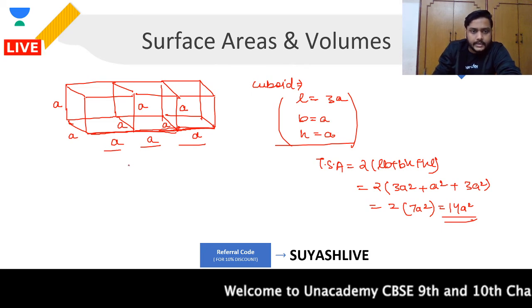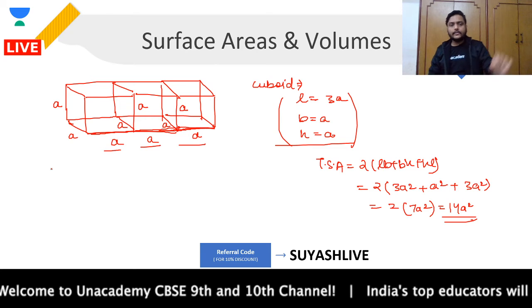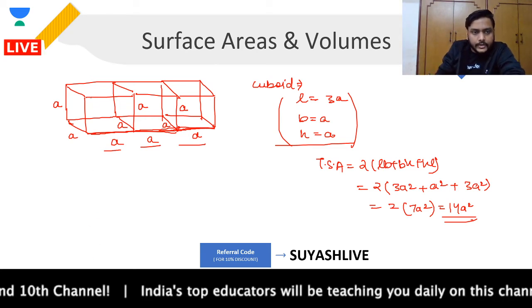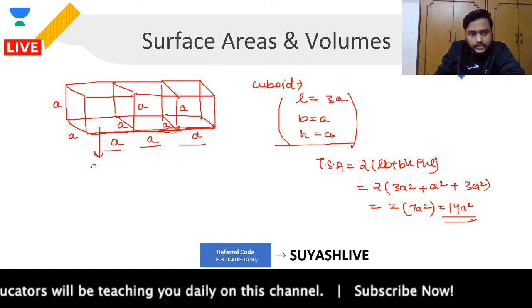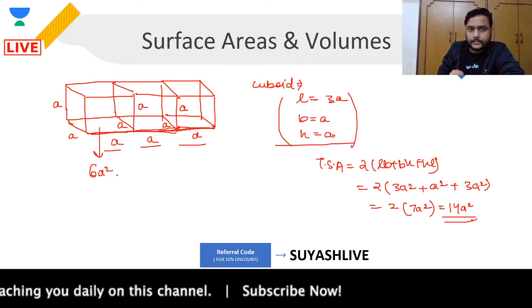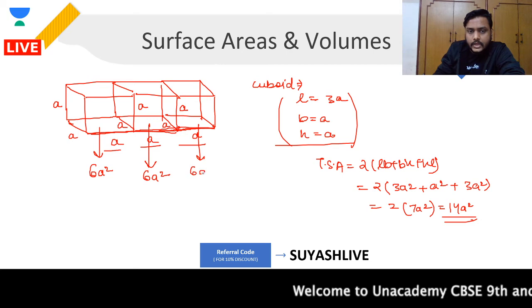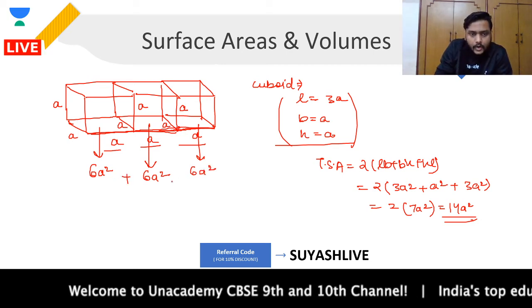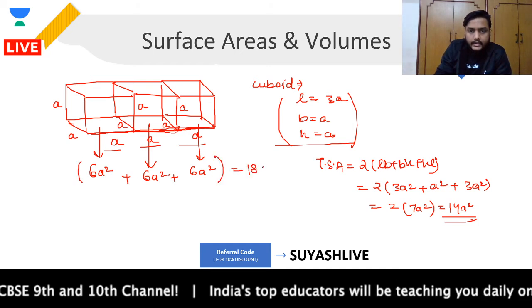In this particular case, I want to find out the total surface area of these three cubes, and after that I will add. So if I talk about only this one cube, then the total surface area of this cube is what? 6A square. Total surface area of only this cube is what? 6A square. And the total surface area of only this cube is what? 6A square. Which means the sum of the total surface areas of all these cubes will be 18A square.